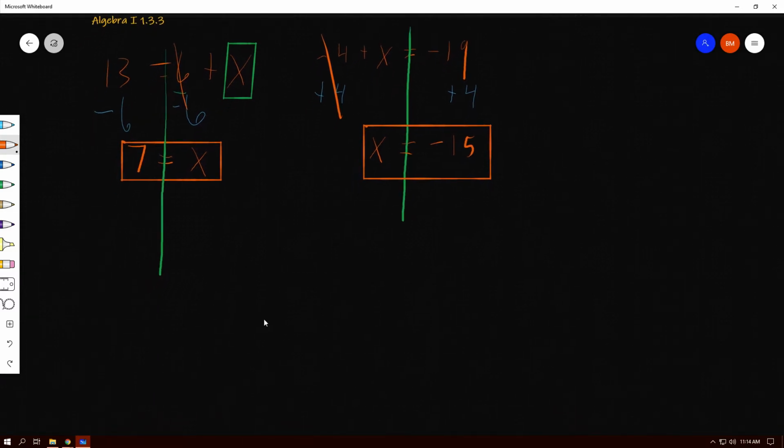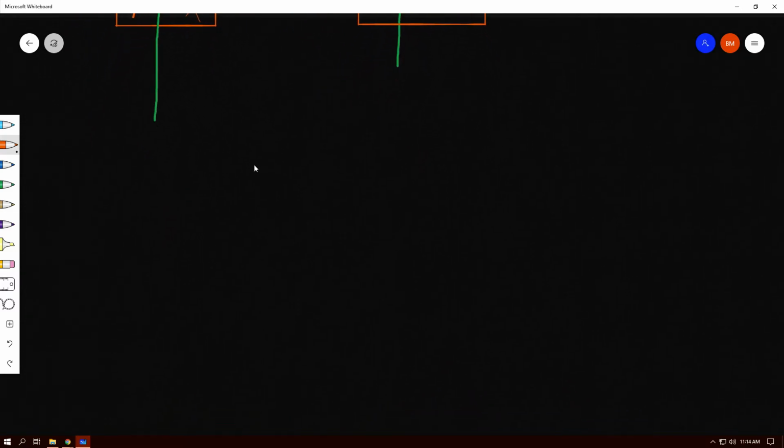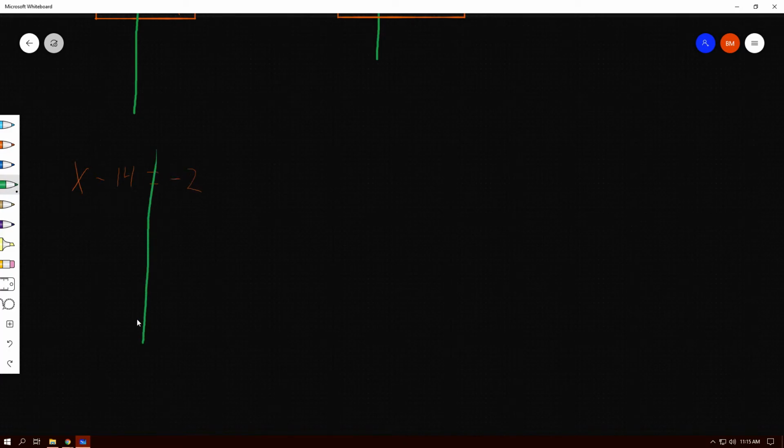Now I'm going to go to the third question on the checkup problem. It's x minus 14 equals negative 2. Draw my river. Now I ask myself, what am I solving for? I'm still solving for x, the variable.